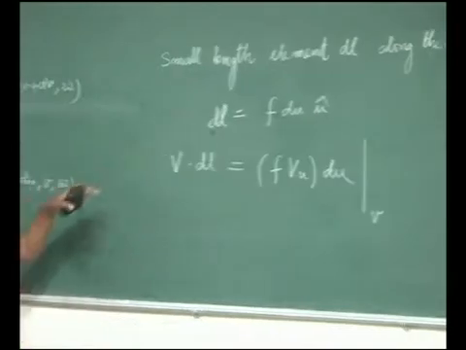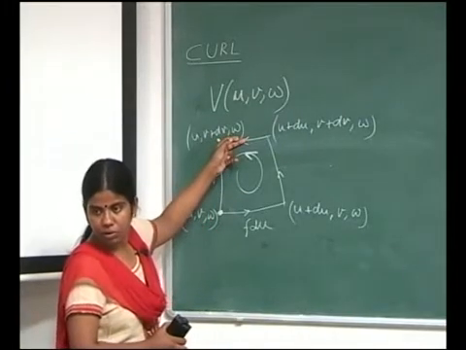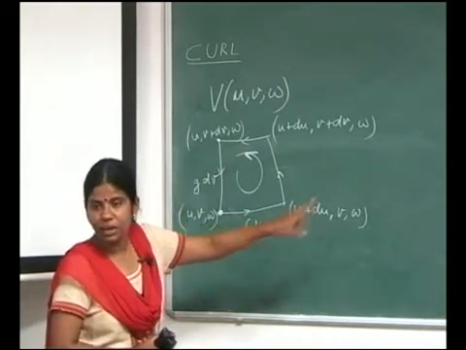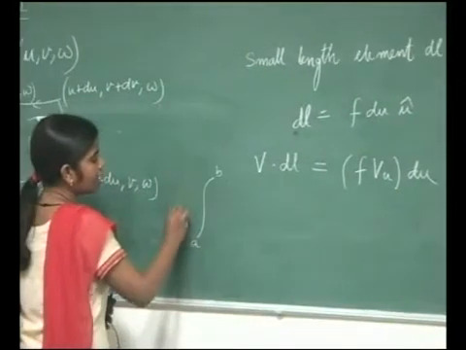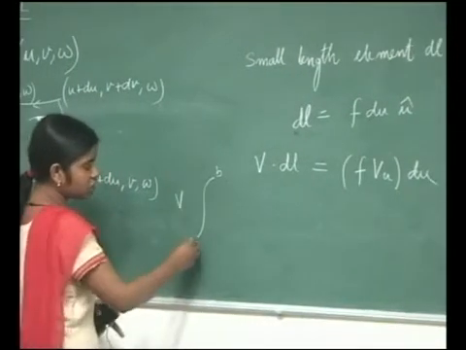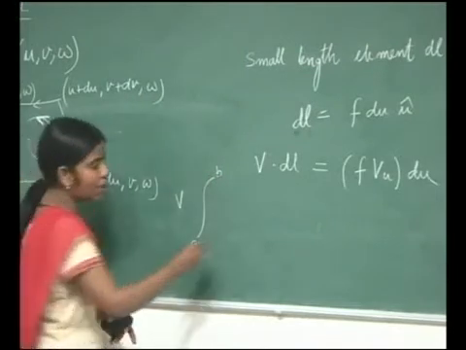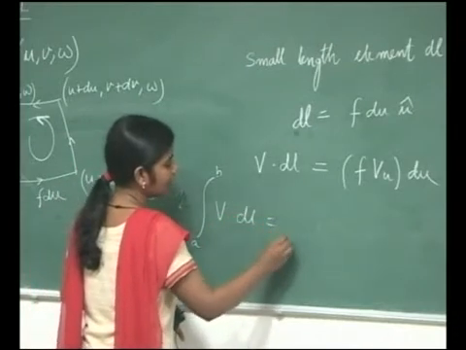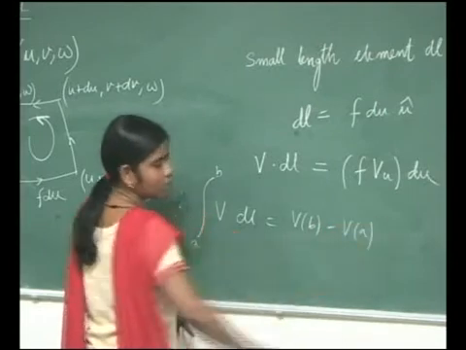Similarly, I can calculate the contribution from the top arm. Now you see I have to calculate v dot dl. So, if I have a line element, say a to b, and I have a vector which is moving from point A to point B, then if I have to calculate v dot dl, I write that this should be some function of Vb minus Va, something like this.